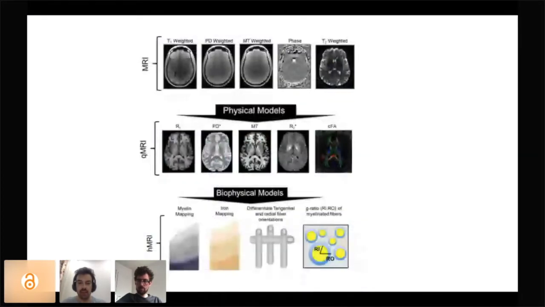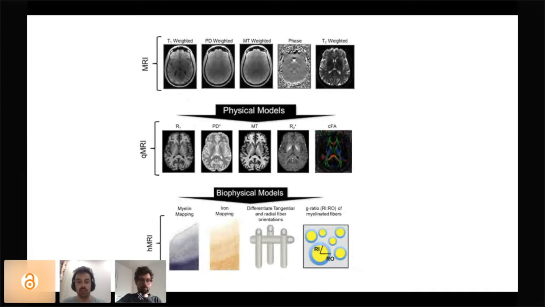As we can have physical models that give us the basic values such as T1, T2, proton density, and other contrasts, we can also combine these values into biophysical models to get more useful information about the tissue microstructure.